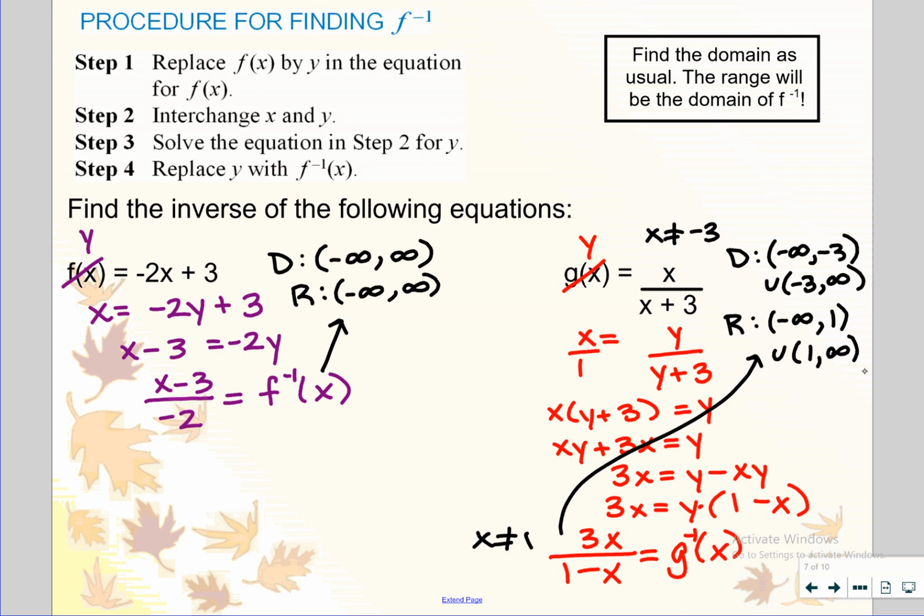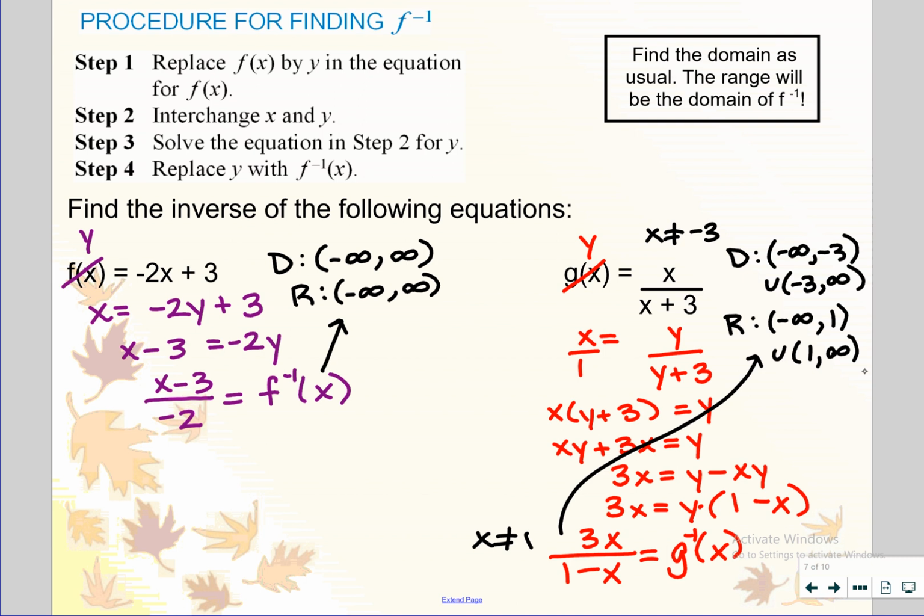Okay, so you'll have some Math Excel questions that'll ask you both parts. It'll say, find the inverse and then give me the domain and the range of the original function. And hey, if I wanted domain and range of the inverse, I already have those answers. I just switch these. I have those answers already.